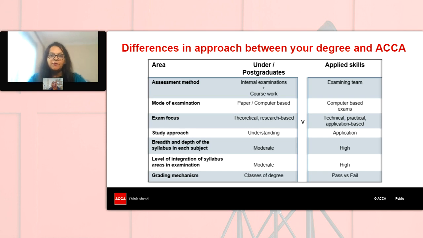In terms of the integration of the syllabus areas, many ACCA papers build on each other. So, for example, your knowledge of management accounting is crucial for performance management to ensure that you understand how the concepts have progressed during the papers.